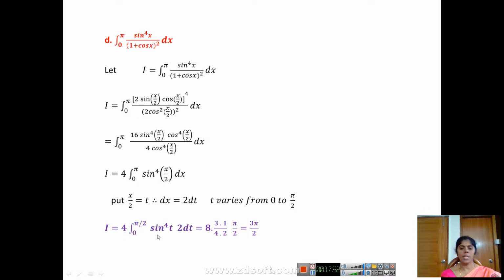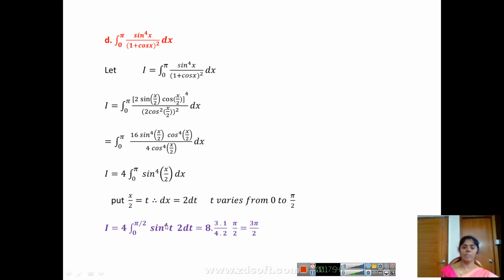And again here if we rewrite, I equals 4 times the integral 0 to pi by 2 of sine to the power 4 t into 2 times dt. So 2 is a constant, we can take it outside the integral sign. 4 twos are 8, and here 4 is an even number.